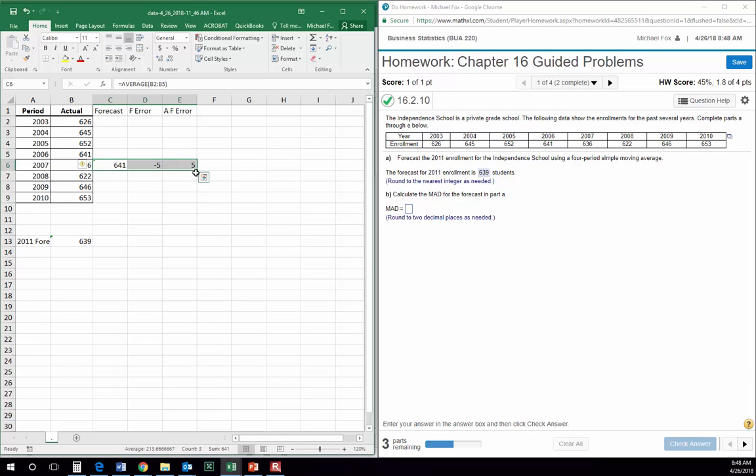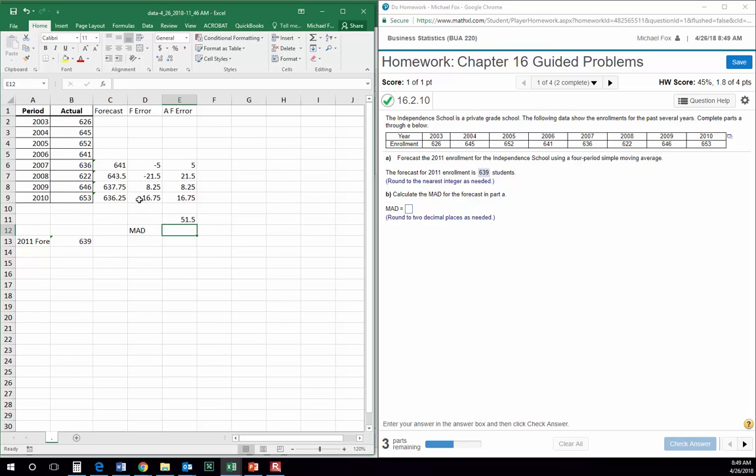Now we have all those formulas in, we can just fill them down. You'll see that if I went down one more line, there would be my forecast for 2011. To calculate the MAD, we take the sum of the absolute forecasting error and divide that by n, the number of periods for which we have an actual and a forecast.